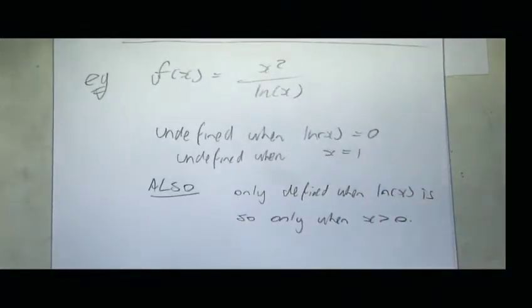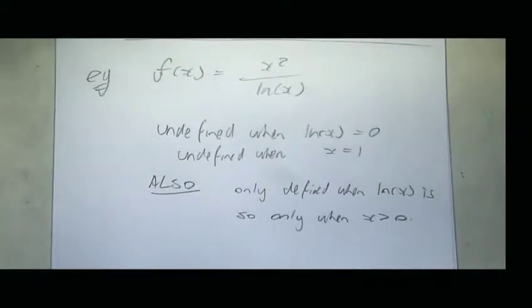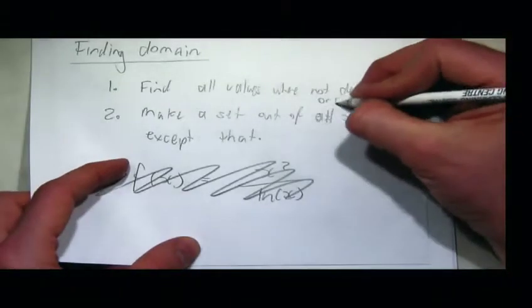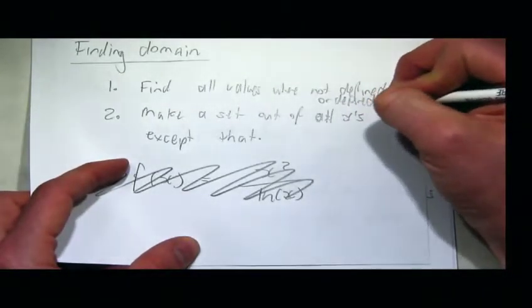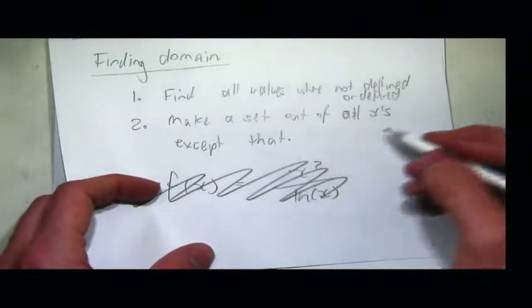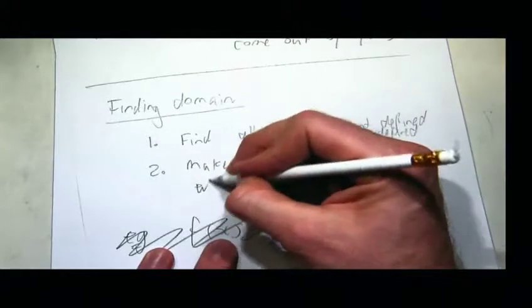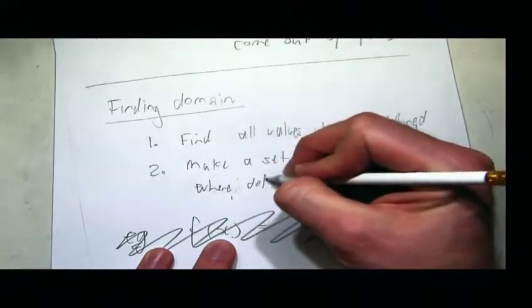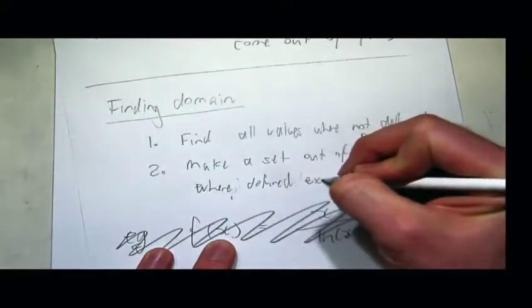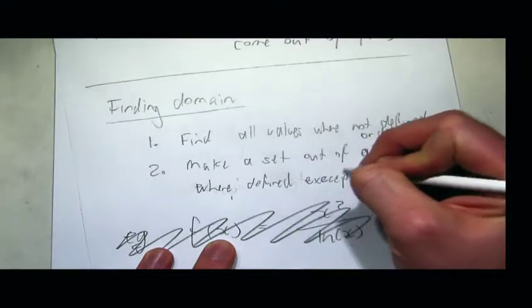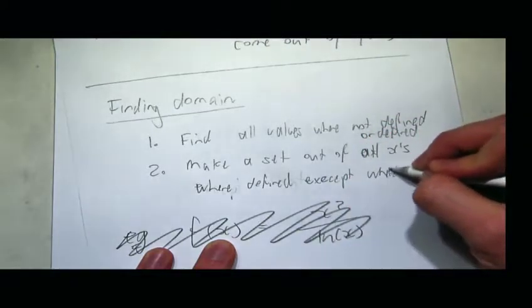So my answer back there is wrong. I'm not going to find all the places where it's not defined. I'll find a combination of where it's defined or not defined based on my classic things I look for. So all the x's where it's defined, except where it's not.